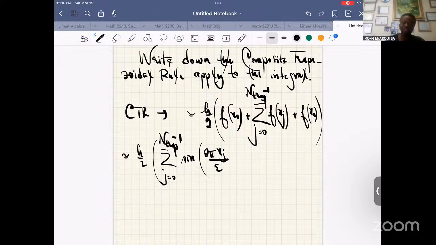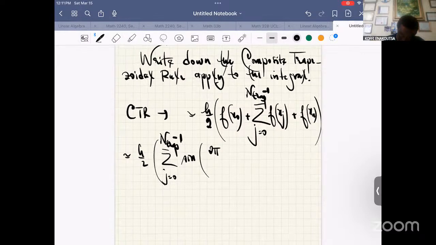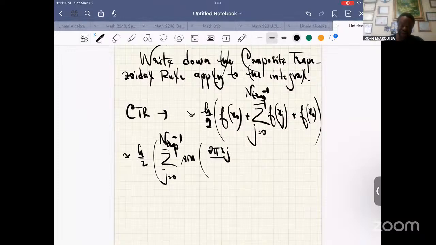Let me write it so that it makes more sense, with the xj first, divided by epsilon, plus the sine at 0, which we know is 0, as x0 is 0, and then the last term xn trap.